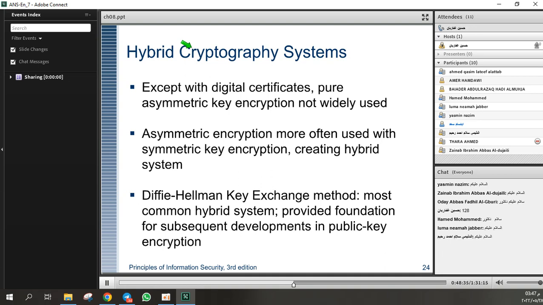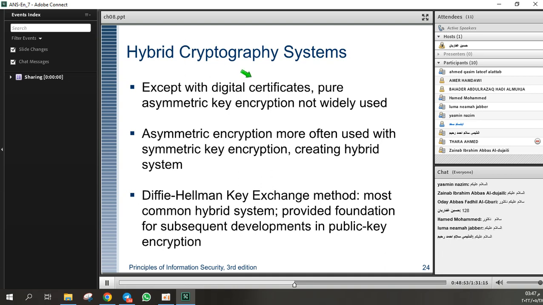But as I said, the main problem with asymmetric key algorithms is their processing performance. They have too many processing overheads.